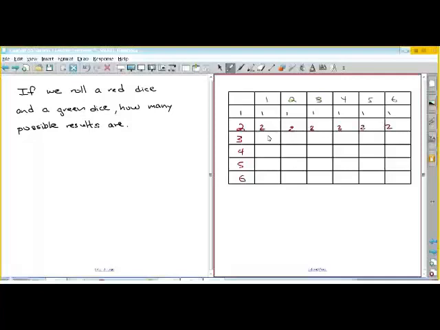You can fill it out any way you want to, but I'm going to do it color coded so that you can see what I'm trying to do. The row tells me what the first number is, and the second number will tell me the green value.